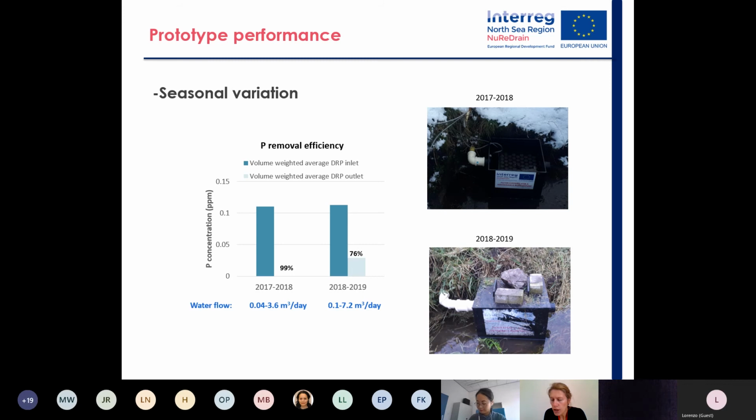Then also a second question from Stefan is, what is the effect of permeability on drainage capacity? Maybe I can say something about it.